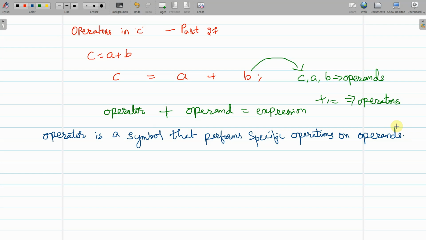This is point number one you have to understand. Now I am talking about point number two.